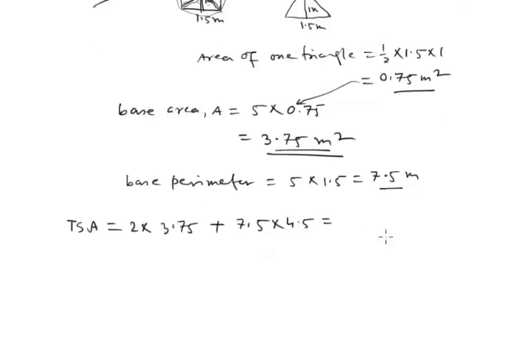If we calculate it, the total surface area is 41.25. All dimensions are given in meter, so the total surface area will be meter square.